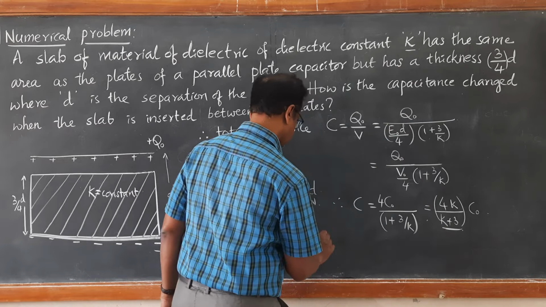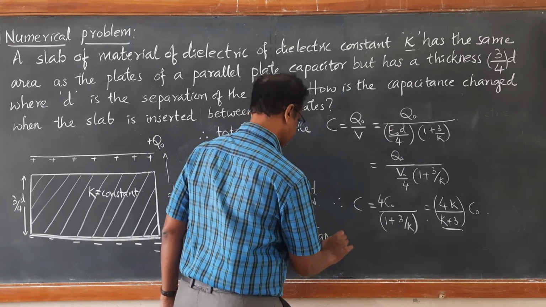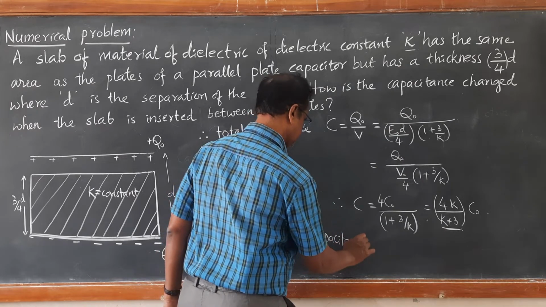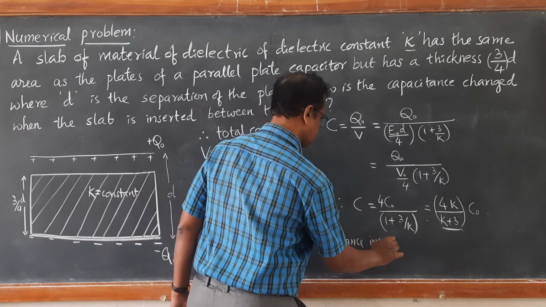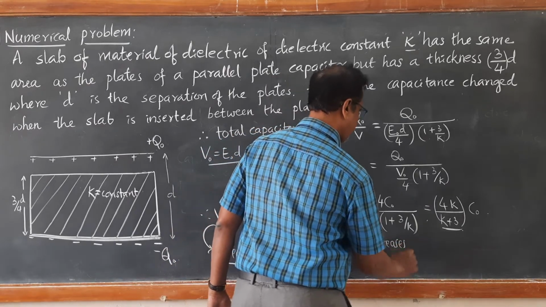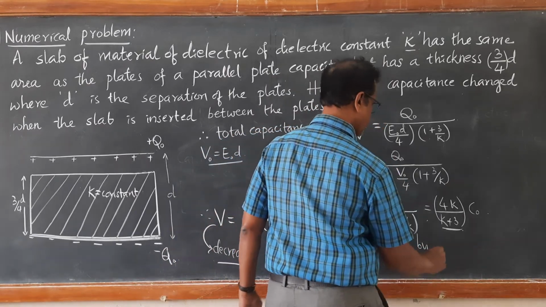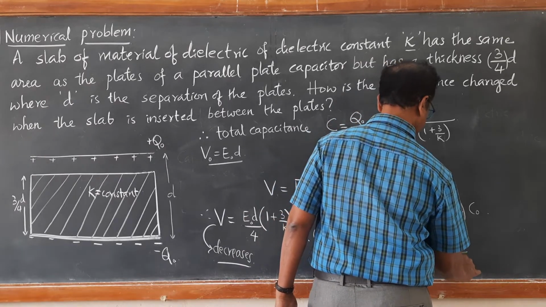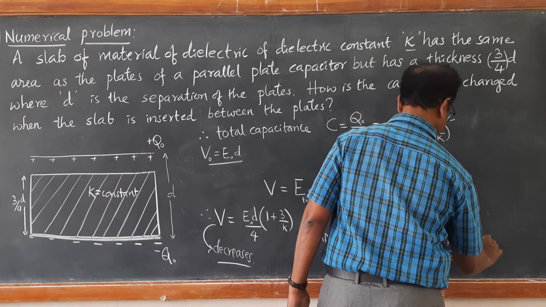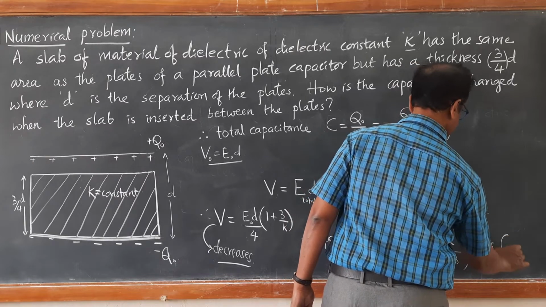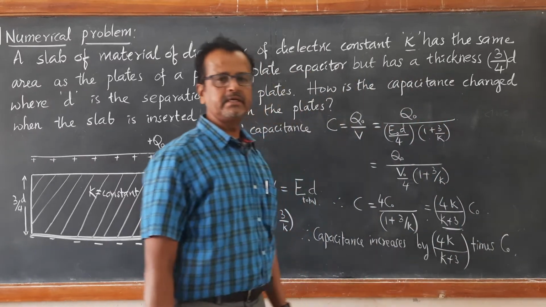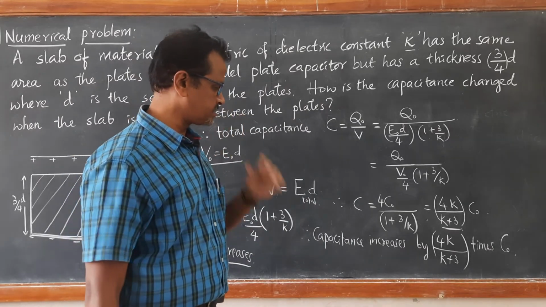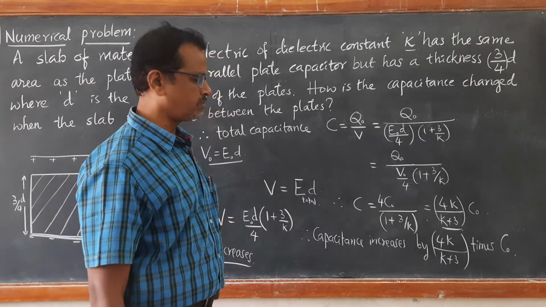Therefore capacitance increases by 4k divided by k plus 3 times C naught, where C naught is the capacitance with free space. So this is how we solve the problem.